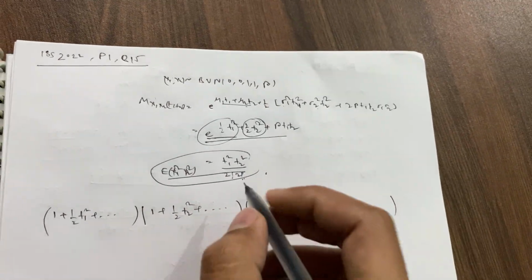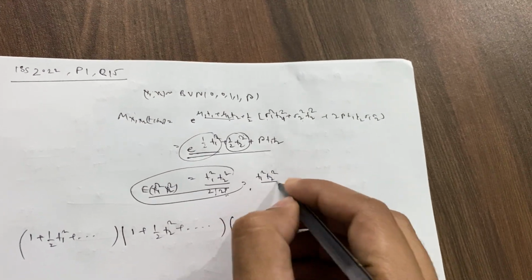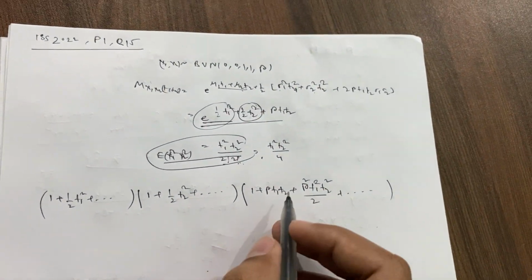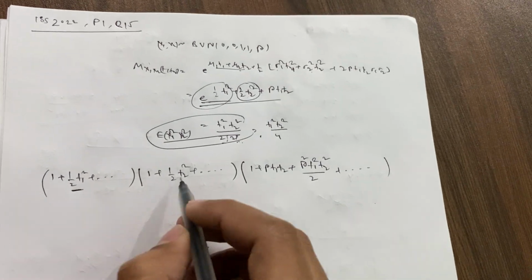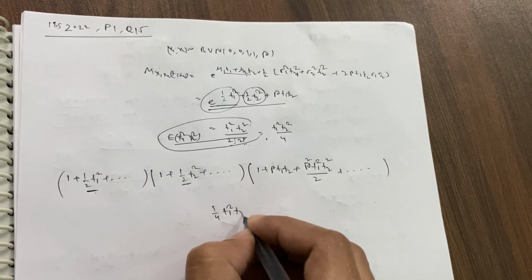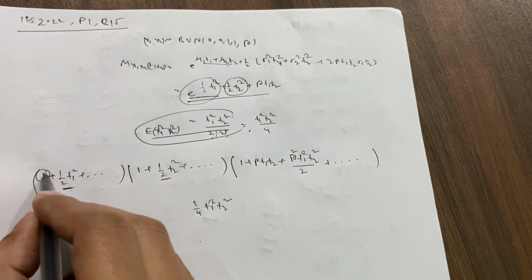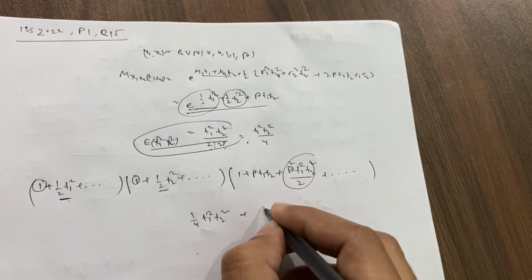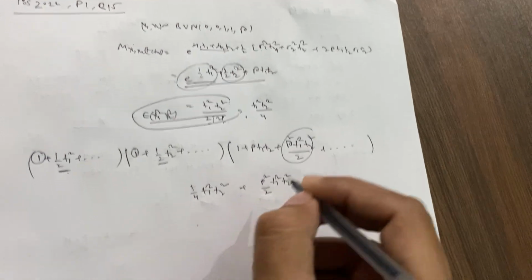Now the coefficient of t1 square t2 square: if you multiply the first two terms, we get one fourth t1 square t2 square, and if you multiply this one and this, we also get rho square t1 square t2 square divided by 2.